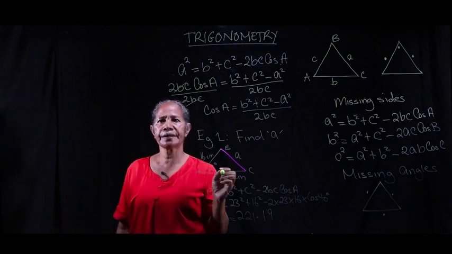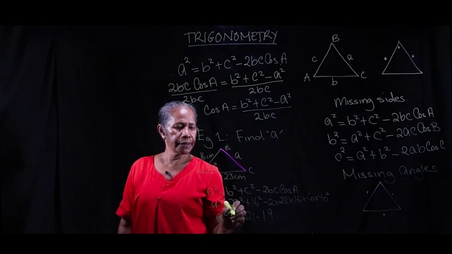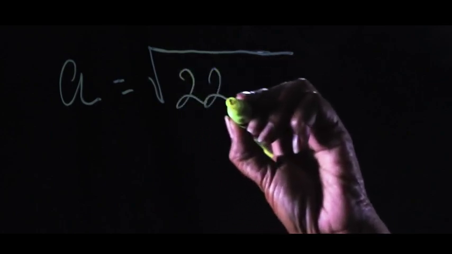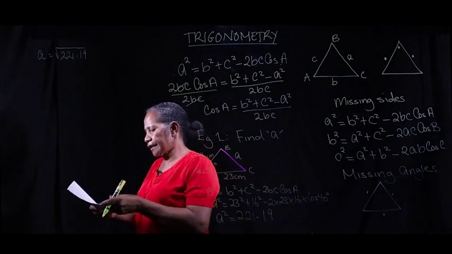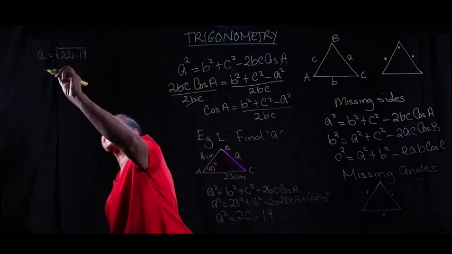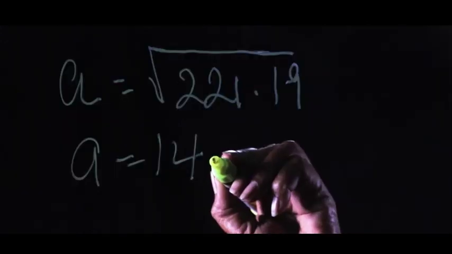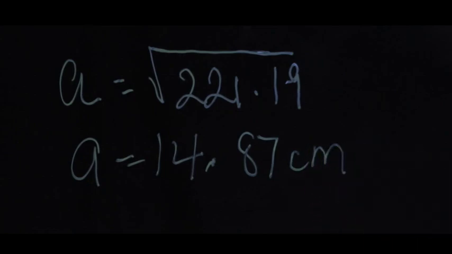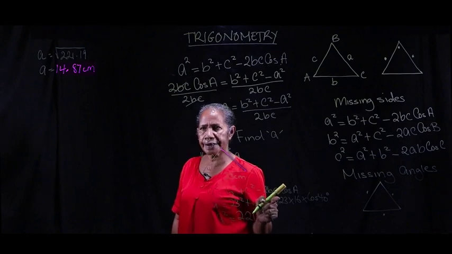We're trying to find the value of A, so we take the square root of 221.19, and that should give us 14.87. So A is equal to 14.87 centimeters. So that's finding the missing side.